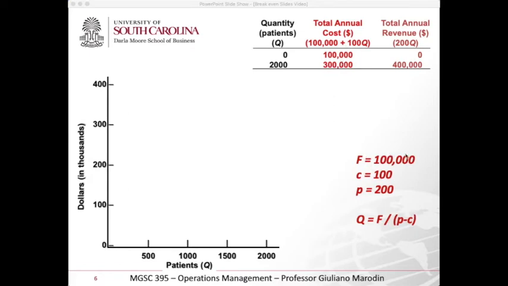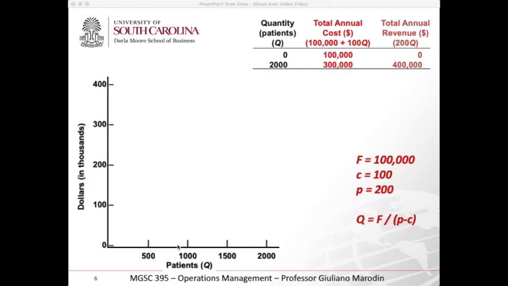So that's our fixed cost, $100,000. And then I have a variable cost of $100. Let's say every patient that I take in my hospital costs $100. And the average price for services of a patient in the hospital is like $200. Here the axis is showing patients, the Q, from 0 to 2,000, and this axis is showing the dollar amount.